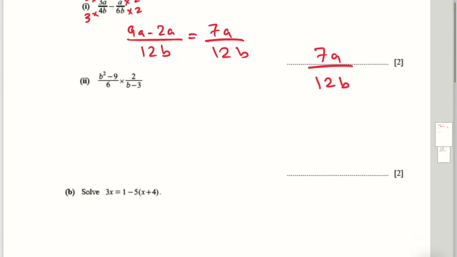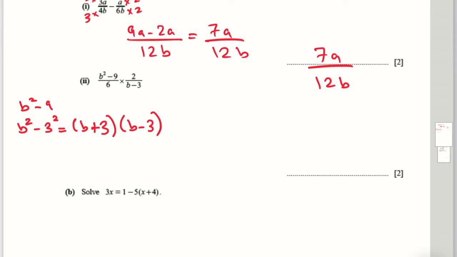Okay, next part. b squared minus 9 over 6 times 2 over b minus 3. If we just talk about b squared minus 9, if we use the identity rule, this would become b squared minus 3 squared, which eventually becomes b plus 3 and b minus 3. So, let's use this in our fractions.